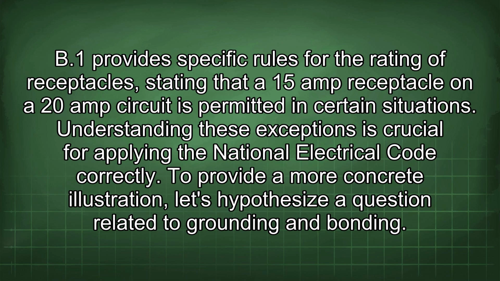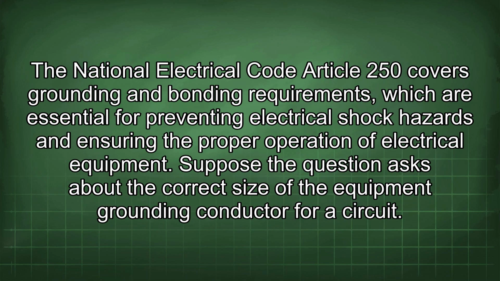To provide a more concrete illustration, let's hypothesize a question related to grounding and bonding. The National Electrical Code Article 250 covers grounding and bonding requirements, which are essential for preventing electrical shock hazards and ensuring the proper operation of electrical equipment. Suppose the question asks about the correct size of the equipment grounding conductor for a circuit.